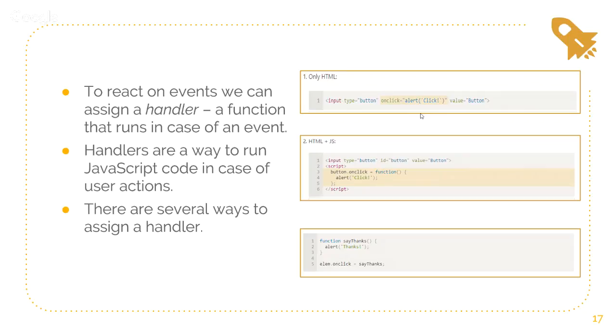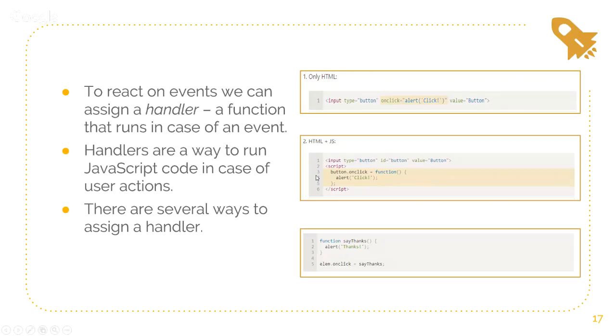And that means that if we write a really long code here, a really long function, our HTML will become unreadable and it will become very difficult for other developers who look at our code to understand what is happening. So that's why the second method, which we see here, a combination of HTML and JavaScript, is the one we should use in practice.